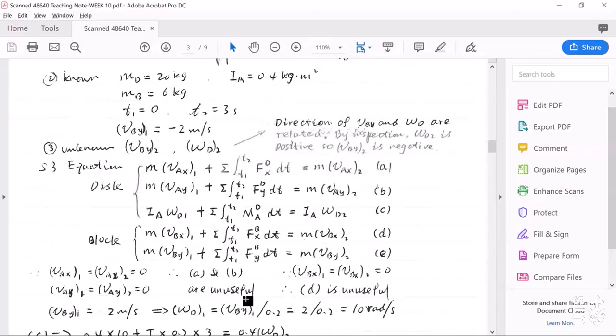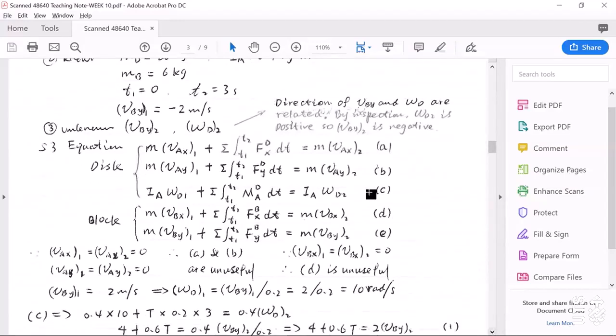We don't need them. VBX1 and VBX2 are 0 because the block is undergoing rectilinear translation along the vertical direction, so VBX must be 0. Substituting this into equation D, you will find equation D is not useful. So for solving this problem, only equation C and equation E will be useful.